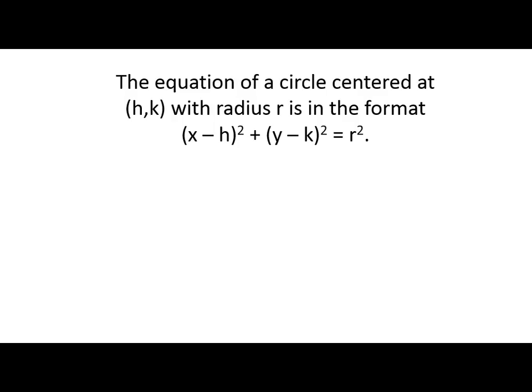Once again, the equation of a circle centered at (h, k) with radius r is in the format of (x minus h) squared plus (y minus k) squared is equal to r squared.